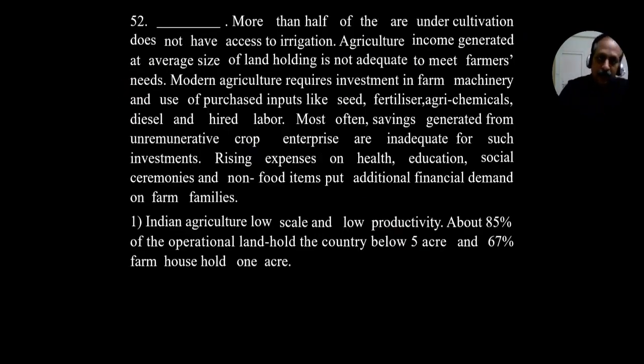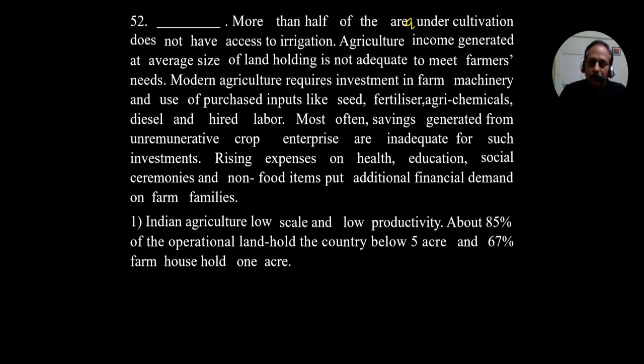I will read question number 52. What is the answer? More than half of the area under cultivation does not have access to irrigation. Agriculture income generated at average size of land holding is not adequate to meet farmers' needs.